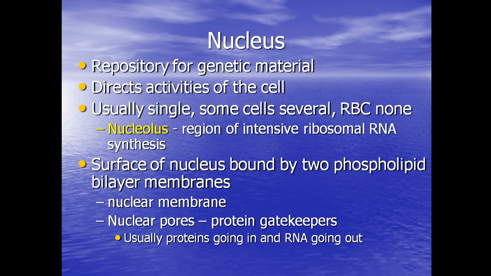So if my memory goes right, we started with the structure of the cytoplasm, then we studied the different organelles starting from endoplasmic reticulum, ribosomes, Golgi complex, mitochondria, and then lysosomes.